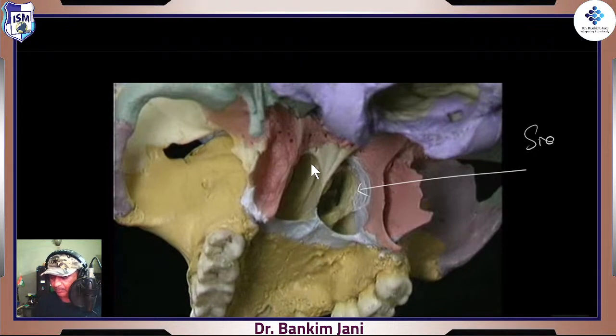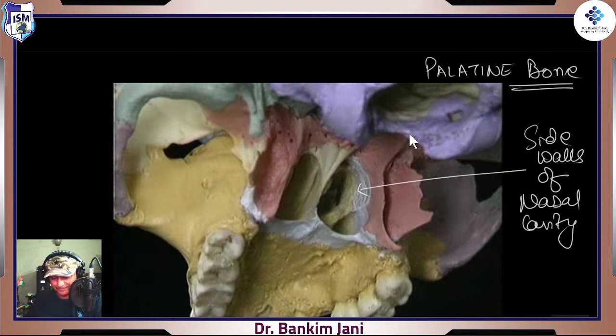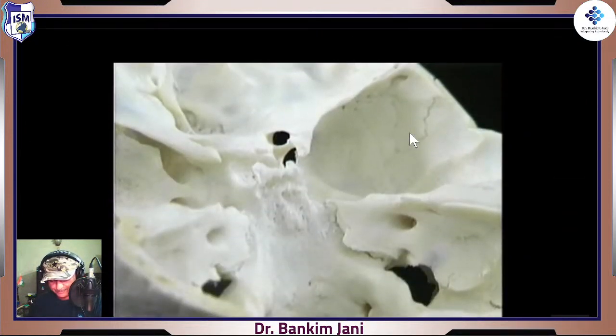These are the side walls of the nasal cavity, because these are the posterior nares. So side walls of the nasal cavity, posterior part of the hard palate, and he is the palatine bone, right? Palatine bone, football player. Now starts the real fun. Here it is.